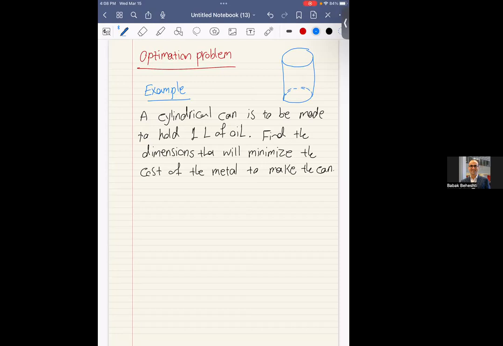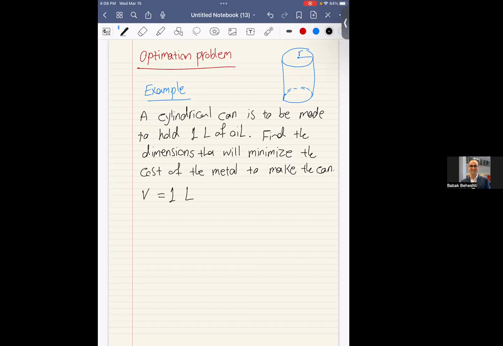But here the problem is that the volume of the cylinder is fixed and is 1 liter, but the dimensions are unknown.